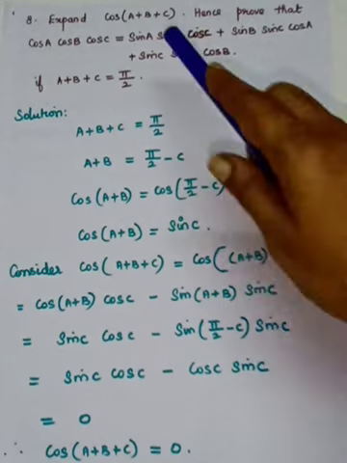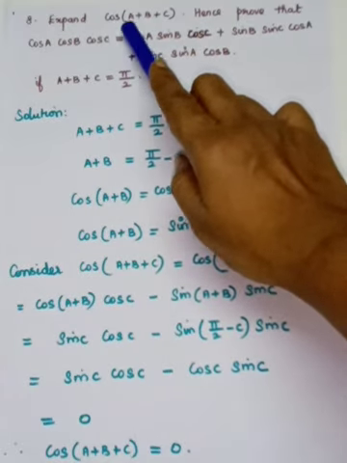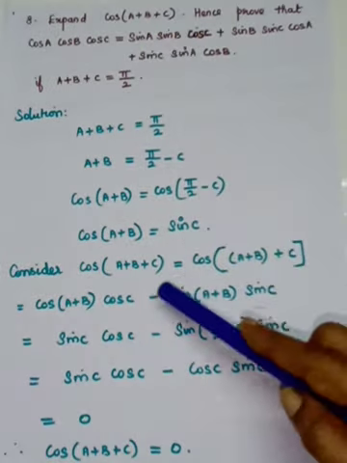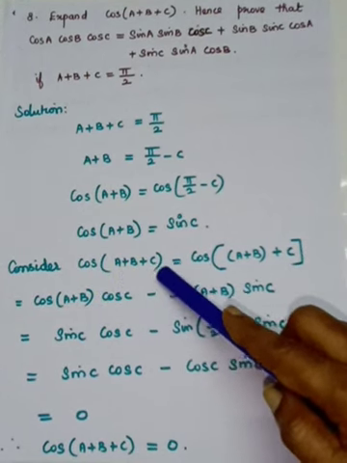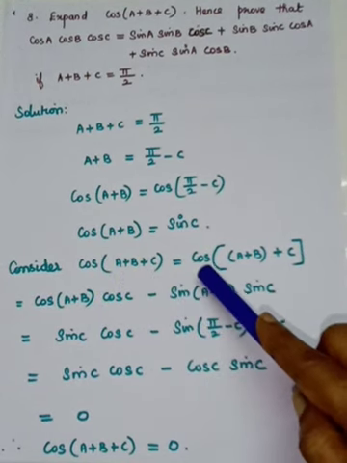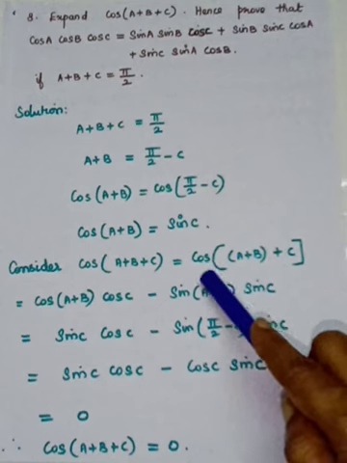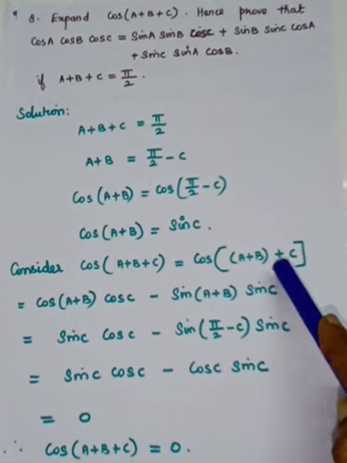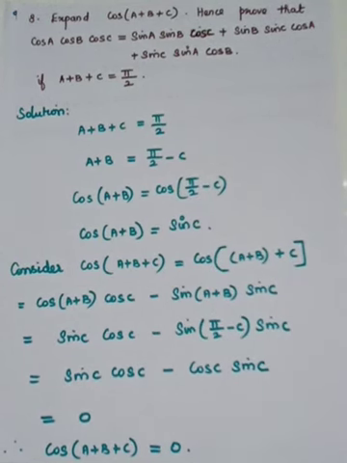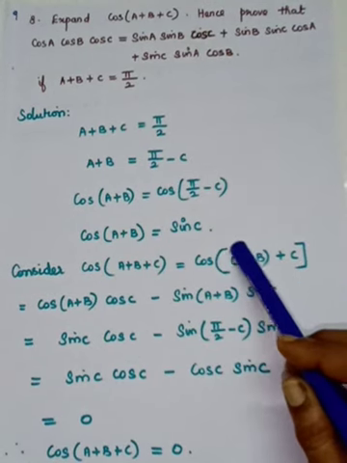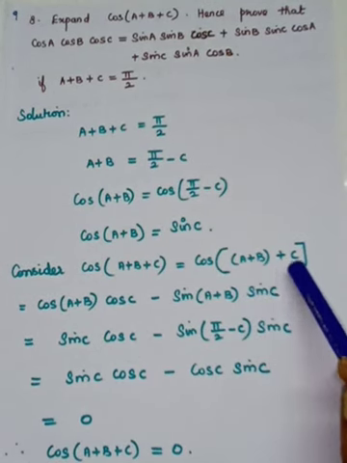So now what is the first result asked? Expand cos of A plus B plus C. So cos of A plus B plus C is taken. It has to be grouped as cos of A plus B plus C. So A plus B I just put within the bracket. So now it is in the form of cos of alpha plus beta.